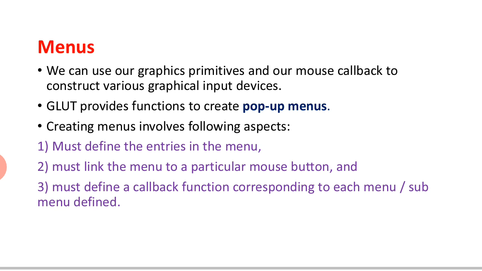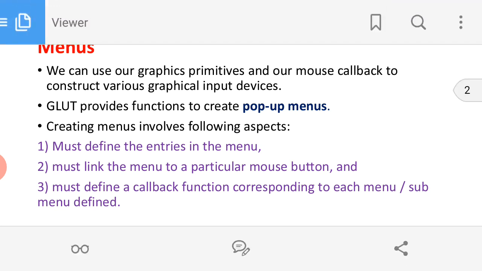Here we can use our graphics primitives and our mouse callback to construct various graphical input devices. There are a variety of input devices as part of logical devices, as I have already told. Out of these, OpenGL GLUT provides some functions to create pop-up menus.